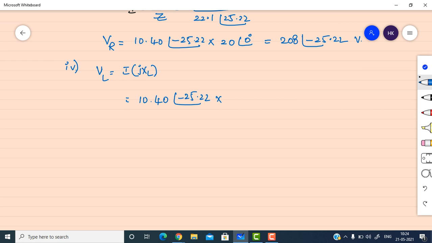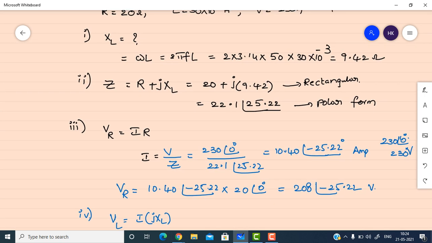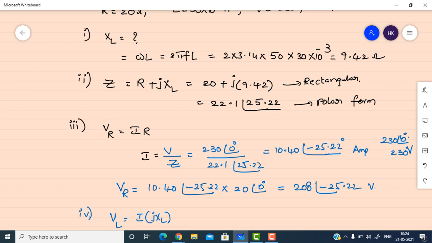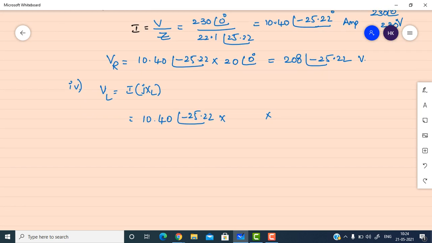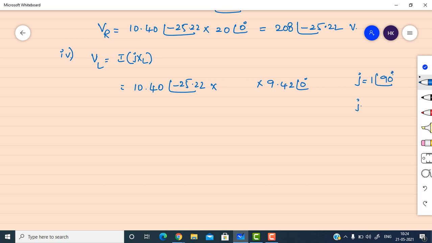J into XL, the XL value 9.42, so 9.42 at an angle 0. What about this J? Substitute the value: J is 1 at an angle 90, or J is the square root of minus 1. So this is polar form, and you have to take this representation, 1 at an angle 90.